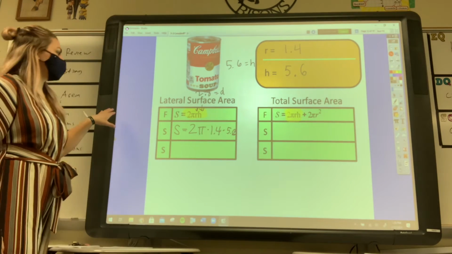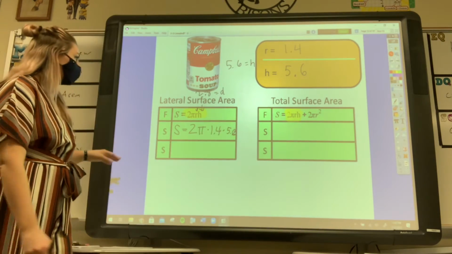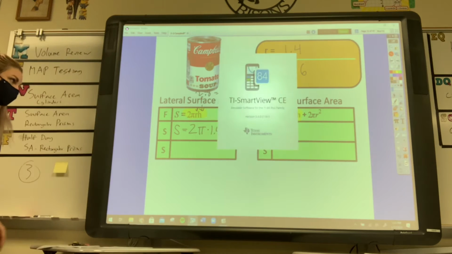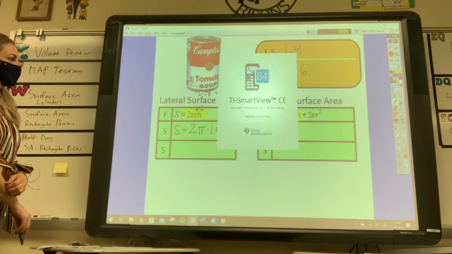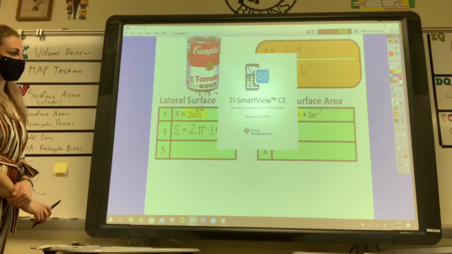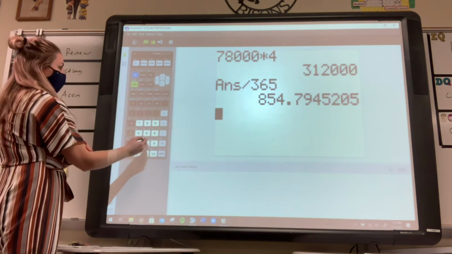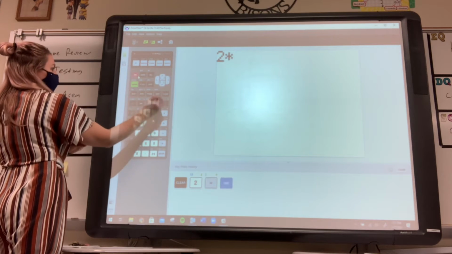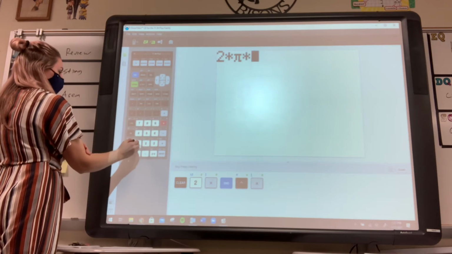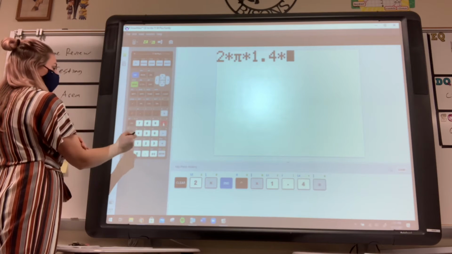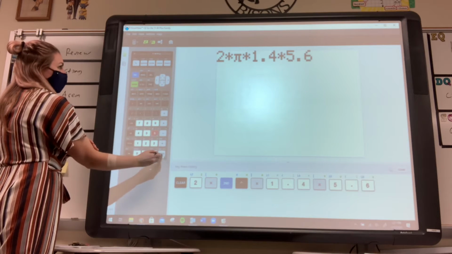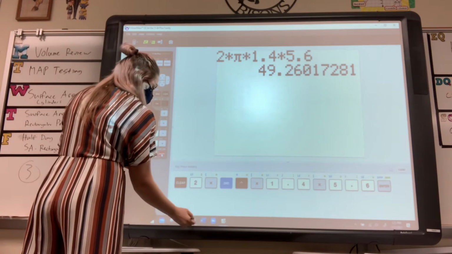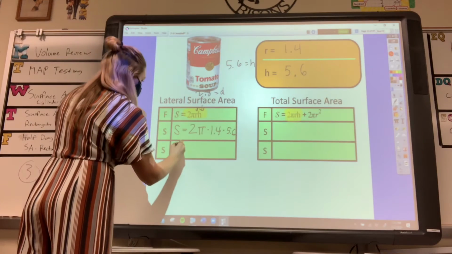So once that gets plugged into our calculator, we're going to go ahead and write in your calculator 2 times pi times your radius, which was 1.4, times your height, which was 5.6. And from there, we get 49.3 to the nearest tenth. 49.3.